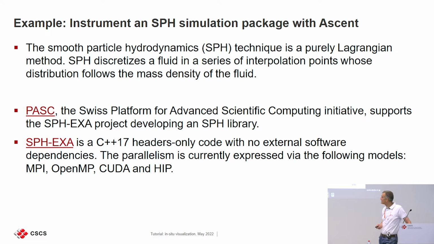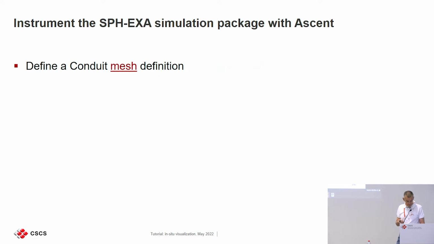So let's see now how I've done this very concrete matter with this SPH-EXA project, which is co-developed here at CSCS. We've learned that the first thing to do is to describe our data via a conduit mesh definition.